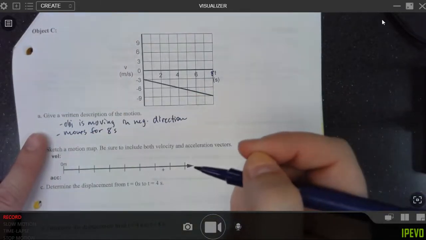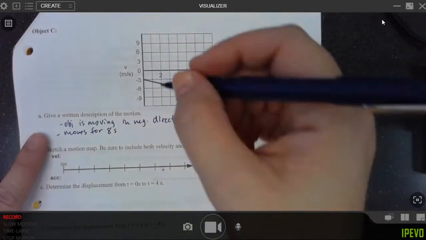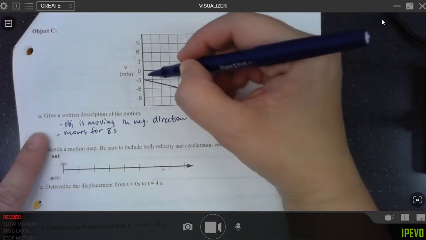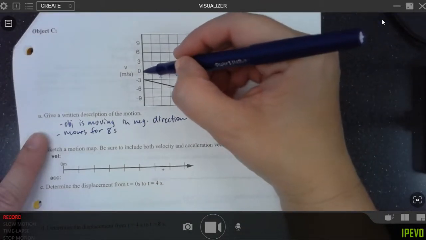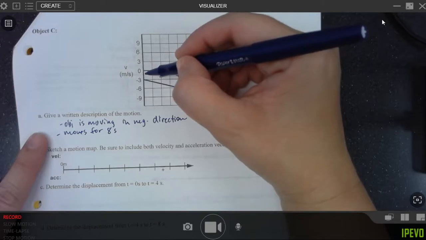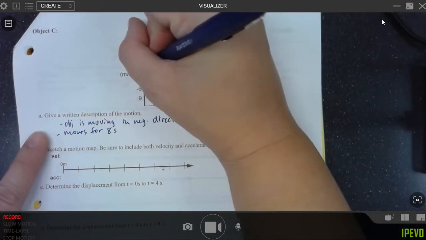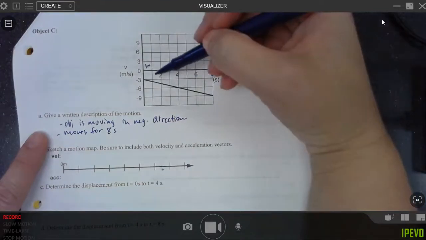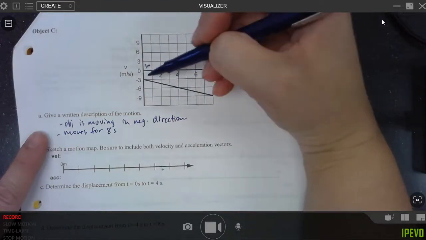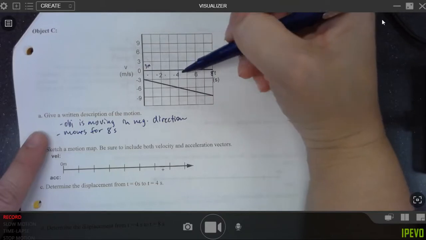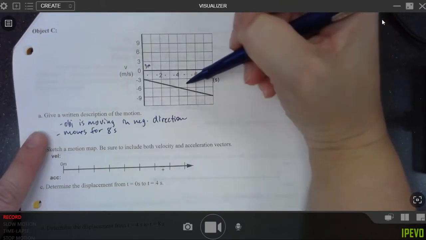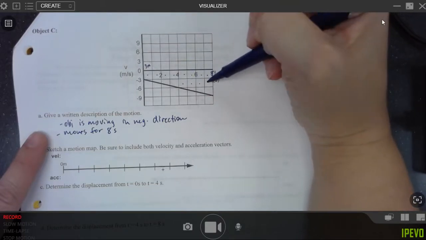We can also say how far it went. How do you guys feel about that one? So do you notice there's, let's see, each one of these squares is 3 meters per second times 1 second. So each box represents 3 meters of travel. So if I count my boxes, if I count the ones that don't have a line in them, 1, 2, 3, 4, 5, 6, 7, 8, 9, 10, 11, 12.